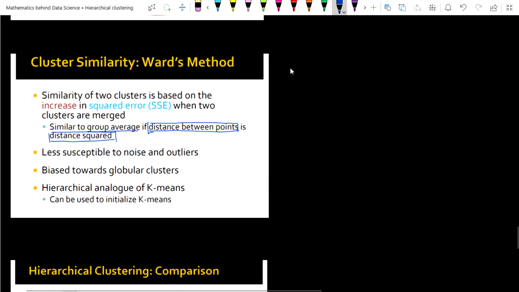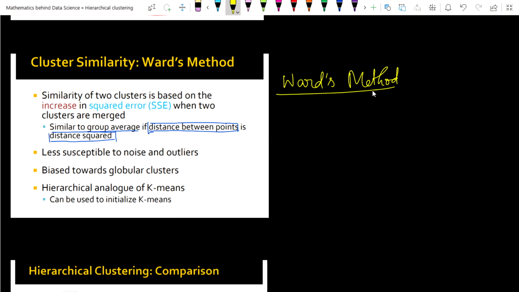Okay, let's see. So if we use the Ward's method, then the similarity value, meaning the distance value between the two clusters C1 and C2, will now look like this.